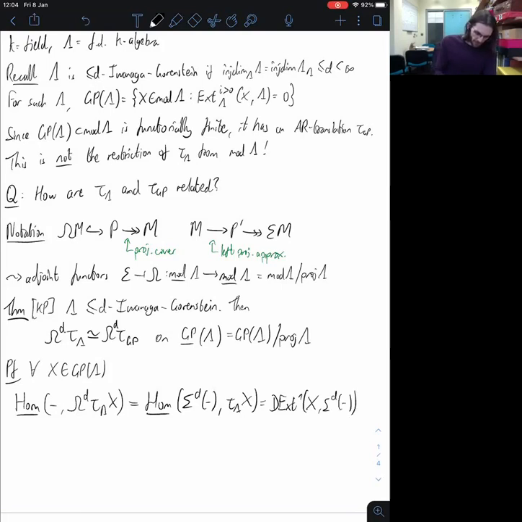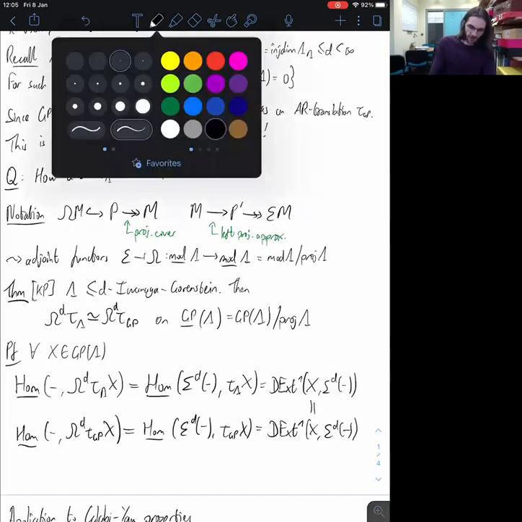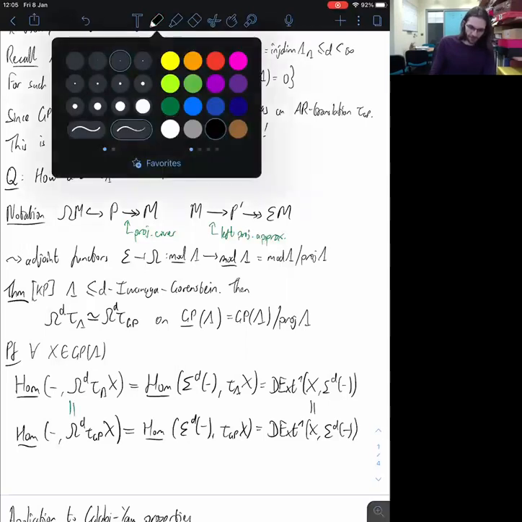And if I do the same thing, but I instead start with tau GP in place of tau Lambda, then again I apply adjunction, and then I apply the Auslander-Reiten formula, and again I end up with D Ext^1(X, sigma^d of -). So these two things are equal, and hence the two things I started with are also equal.